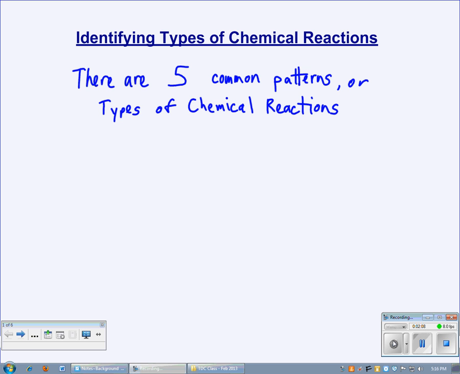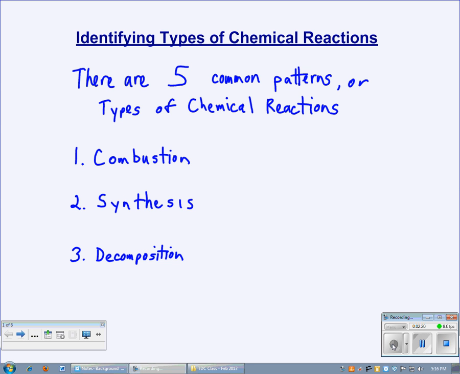Here we go. The first type, combustion. Second type, synthesis. The third type, decomposition. Fourth type, single displacement.